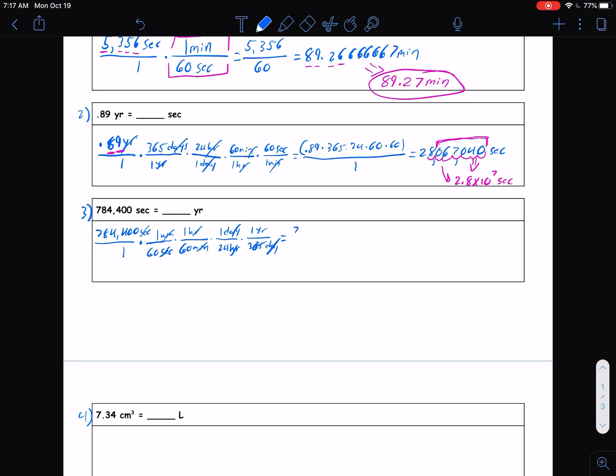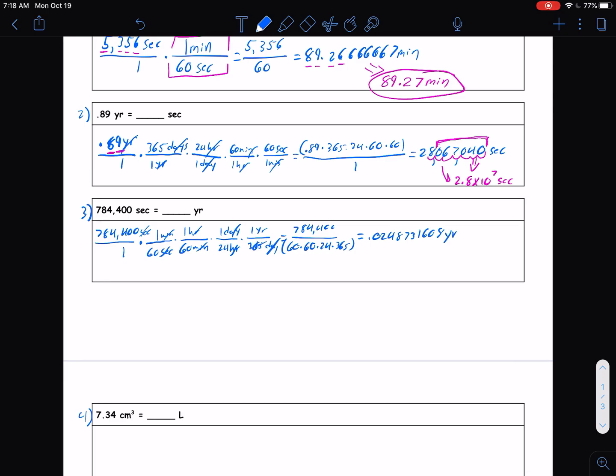And you get 784,400 divided by 60 times 24 times 365. Again, that's a lot. So the final answer would come out to 0.0248731608 years.